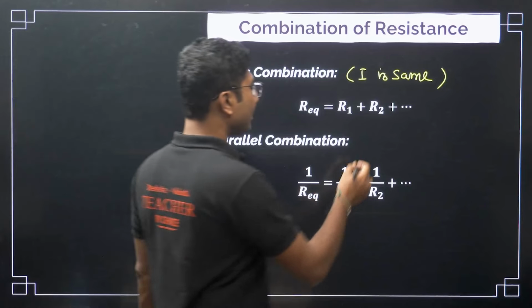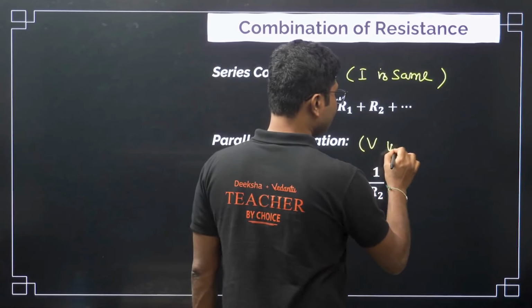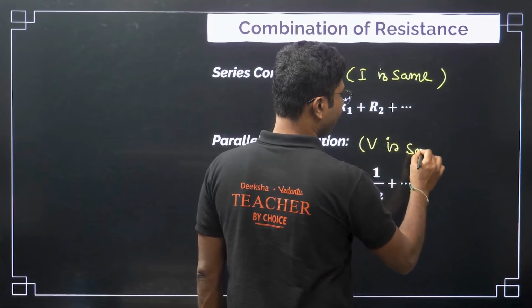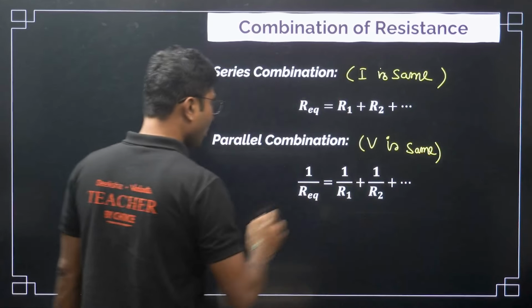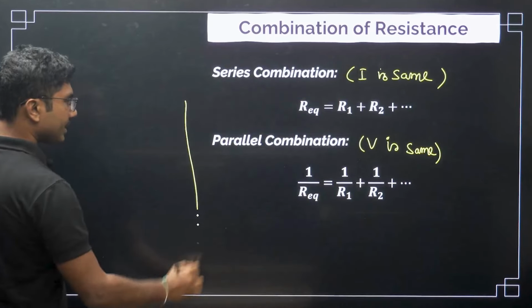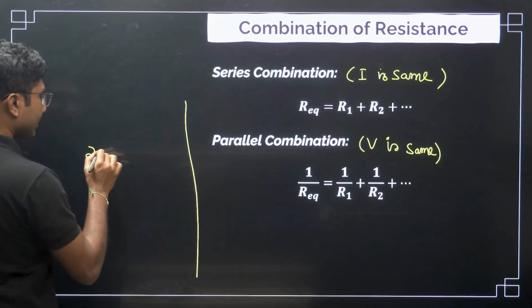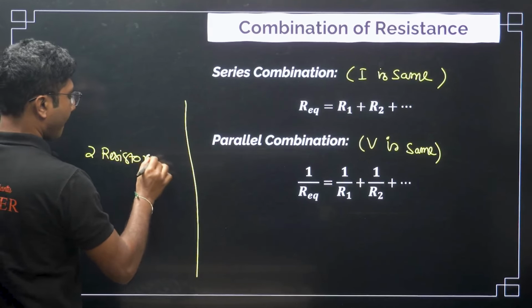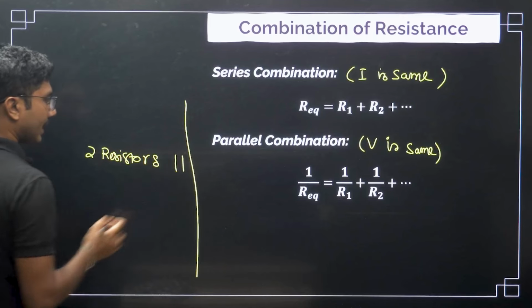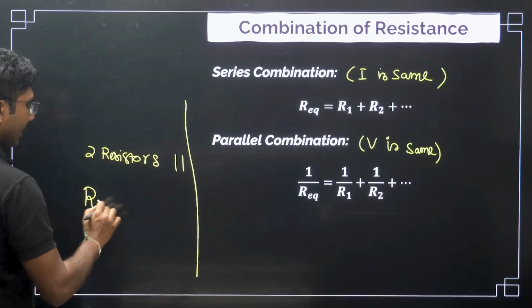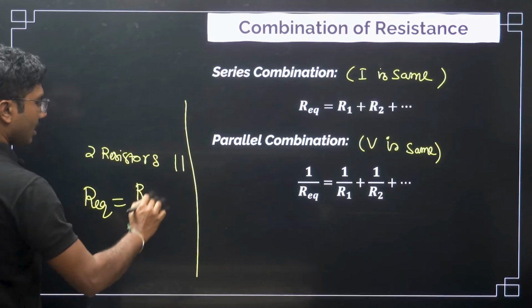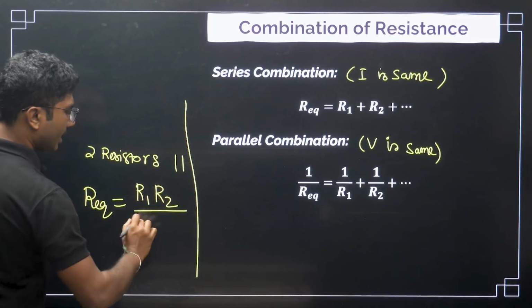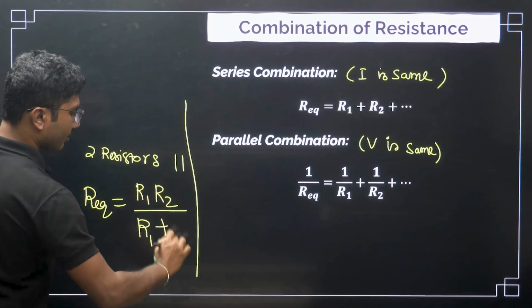In parallel combination, voltage is the same. Also for two resistors in parallel, we can write R equivalent equals R1 R2 by R1 plus R2, right?